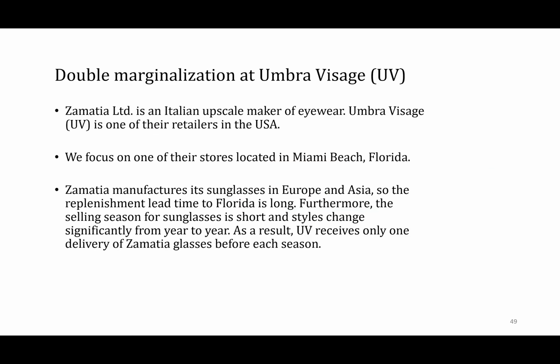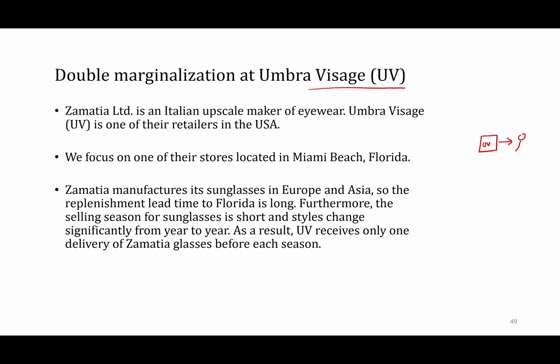So in order to do that, we were looking at this example, and this is your quiz question. We looked at double marginalization at Umra Visage. What the supply chain looks like in this case is we have UV, which is the retailer.